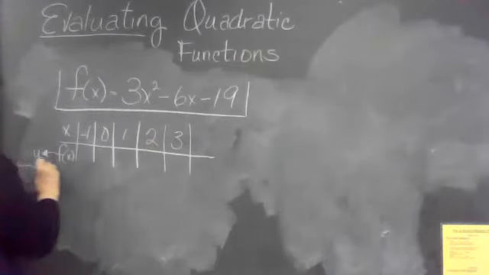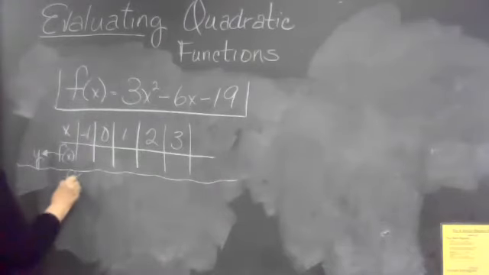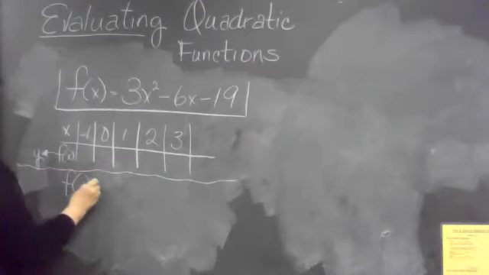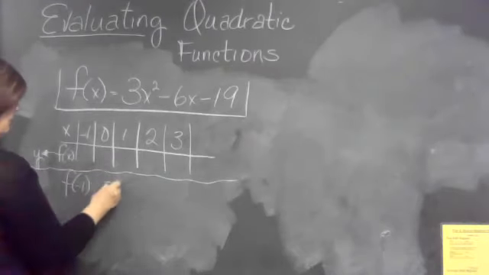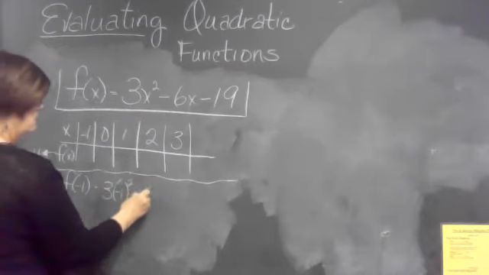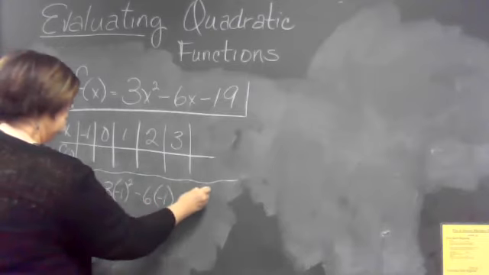So now, let's do this. So f of -1, because I want the x to be -1, equals 3 times -1 squared minus 6 times -1 minus 19.